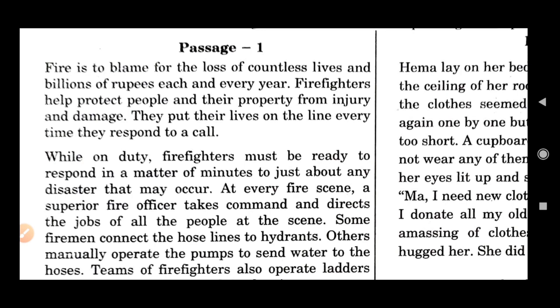Fire is to blame for the loss of countless lives and billions of rupees each and every year. Firefighters help protect people and their property from injury and damage. They put their lives on the line every time they respond to a call.